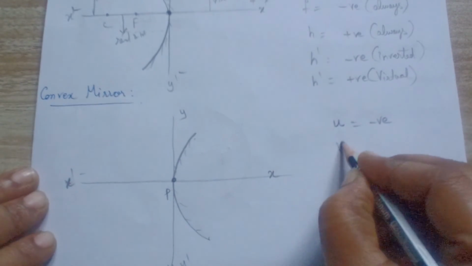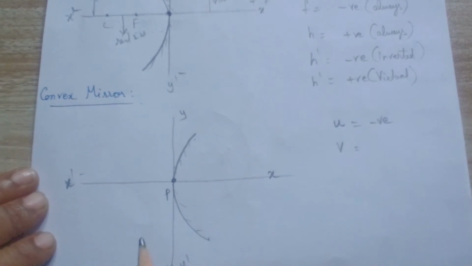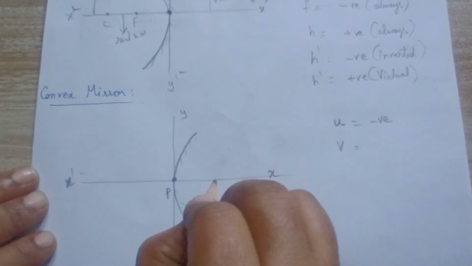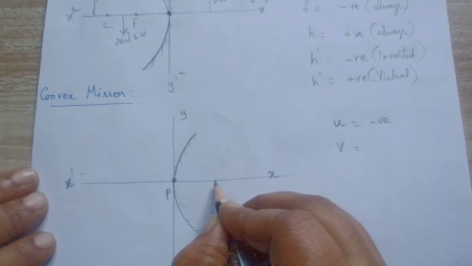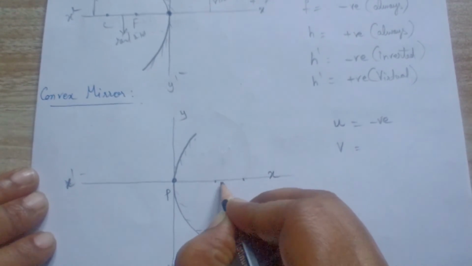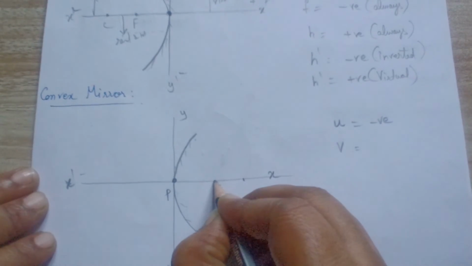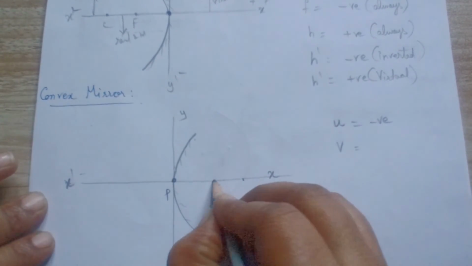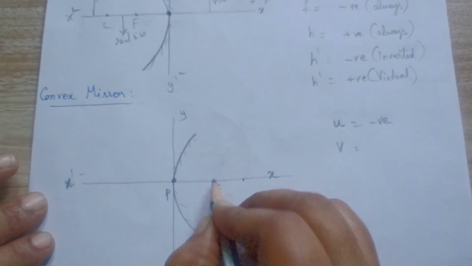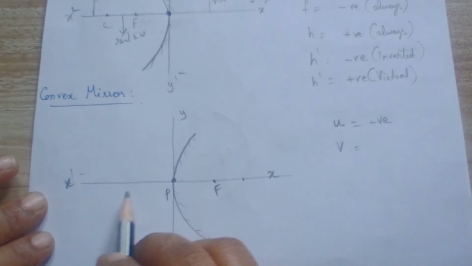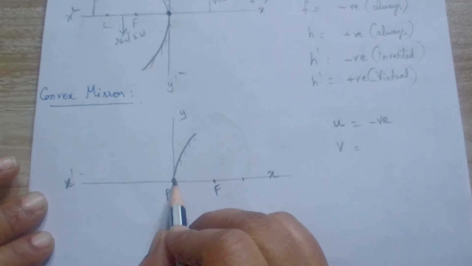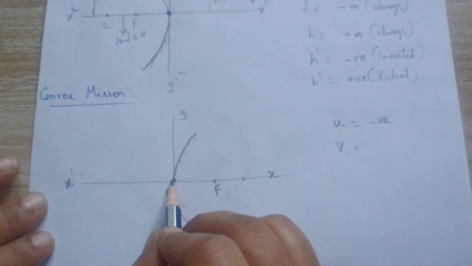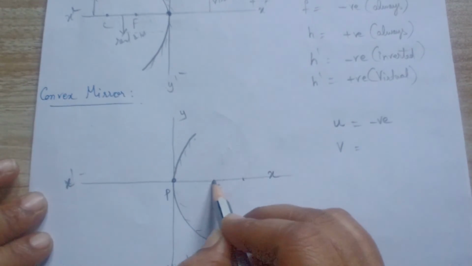Okay, what about v? The image is always formed either at the focus point or between the focus and the pole. This is your focus point. When the lines are parallel, that is, when the object is at infinite distance, you will get the image at the focus point.